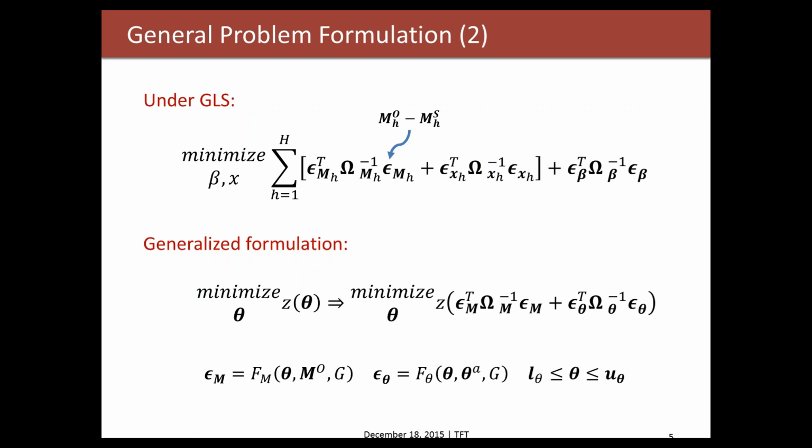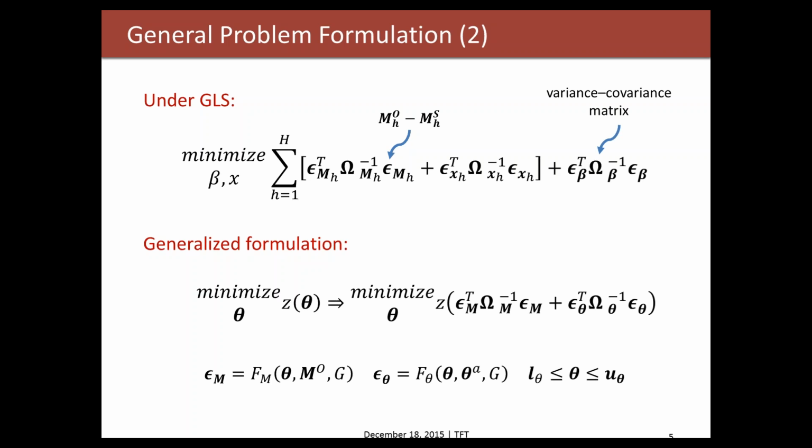And then typically we sum up the errors, denoted here by eta, which are the differences between the observed and the simulated values, and we use omega as the variance-covariance matrix. That's how we typically write down the problem formulation under the generalized least squares assumption.